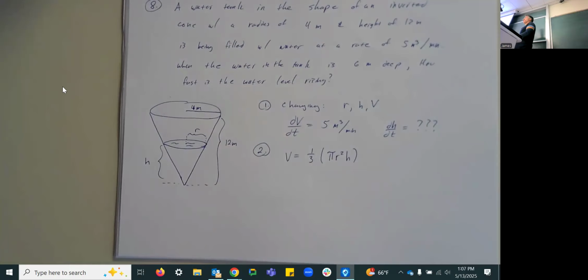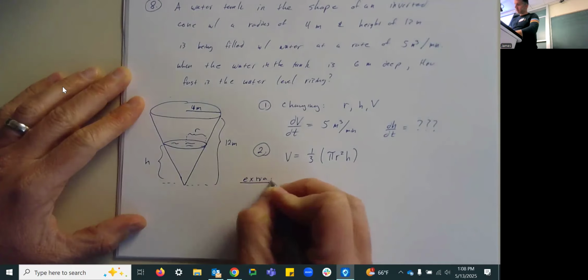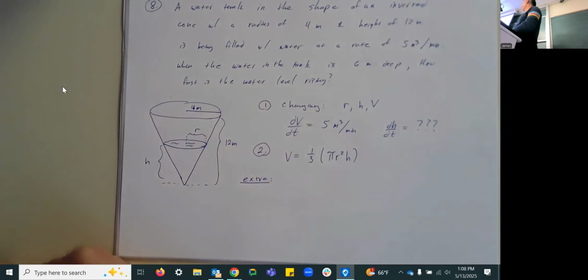The problem here is h is in that equation, and I don't know how h is changing, and I don't really want to. Here's where something extra comes in. For cones especially, there's usually an extra step where we have to eliminate one of those variables by finding a relationship between the radius and the height of the cone.